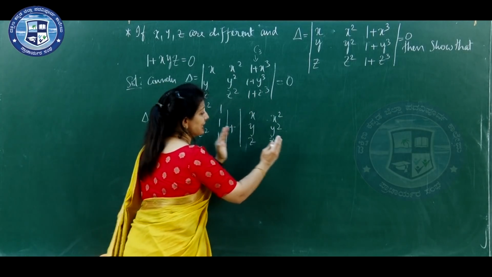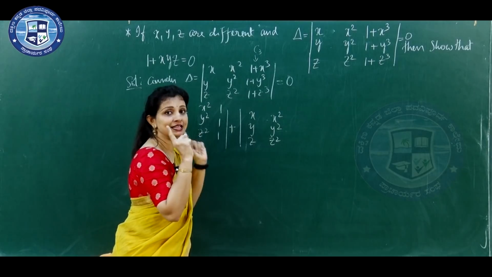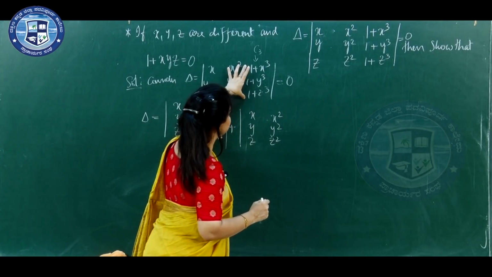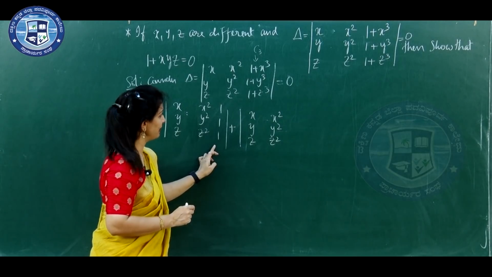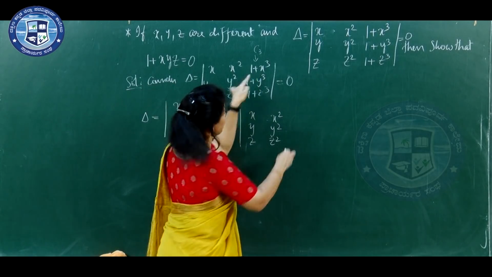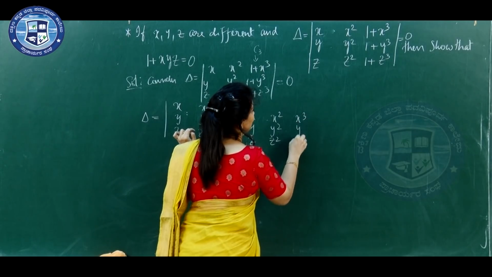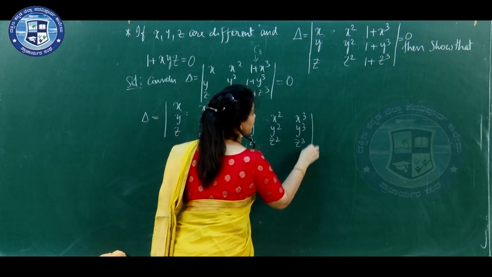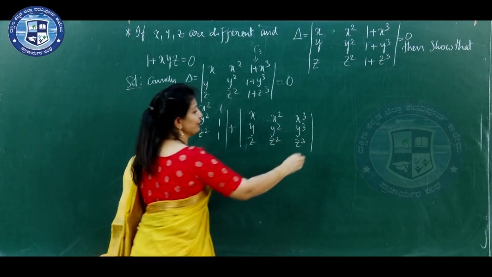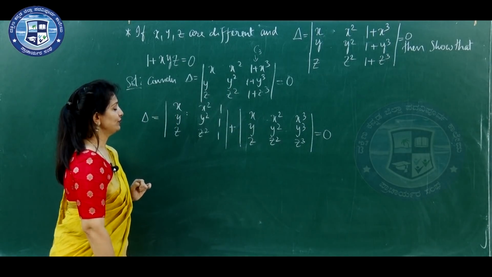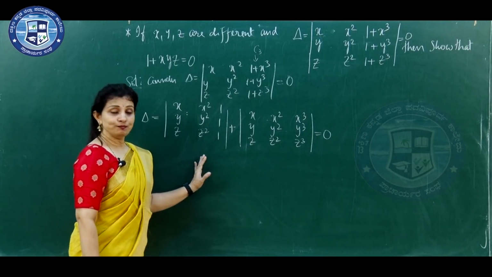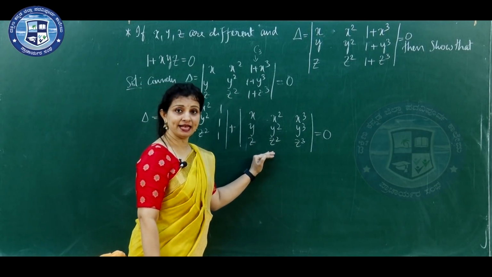We are writing it as sum of 2 determinants such that in the first determinant we have written 1 1 1 as the third column elements. Now we are writing x cube, y cube, z cube as the third column elements, which is equal to 0. It is given, the determinant value is 0. Now, observe this second determinant.